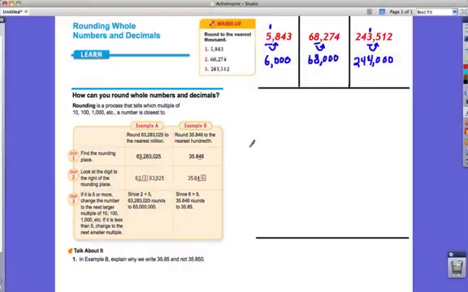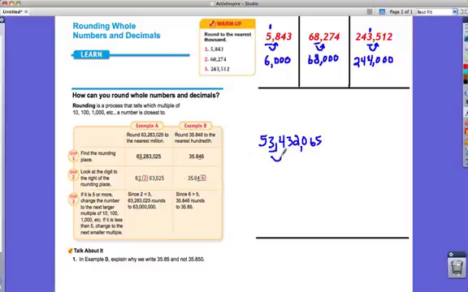Let's try a number just like they have here. A number in the 10 millions place. Okay, so let's see. Let's try 53,432,065. And let's round that to the nearest million. Here's the millions place. So the next thing we want to do is what? That's right, look to the right.